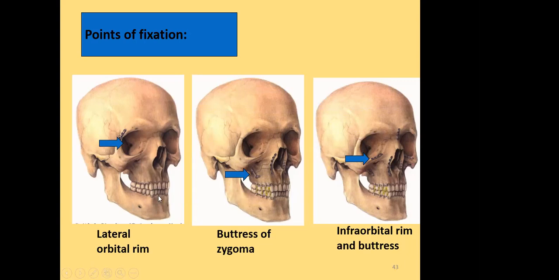When you achieve that normal occlusion, then you fix with eyelet wires to keep them stable. Even when you are doing internal fixation, you need to do this. If you don't, you may not be able to achieve good fixation of the bones. So this is always done before you fix using these plates.